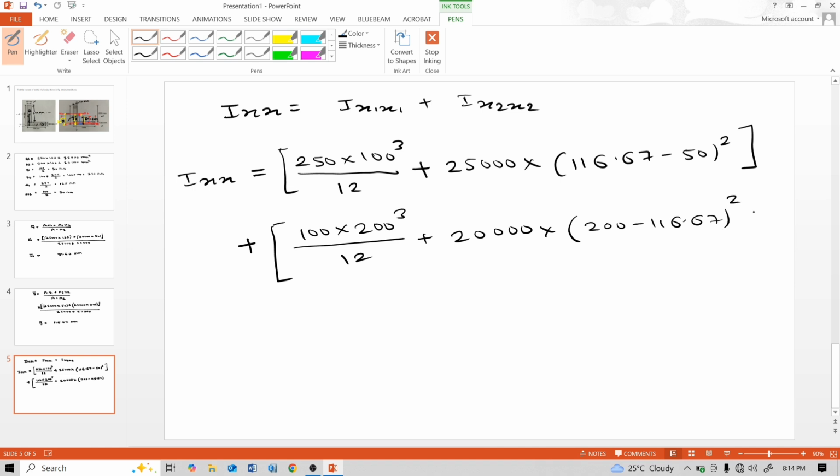And the square of this distance for the parallel axis theorem. So 250 into 100 cubed divided by 12 plus 25,000 into (116.67 minus 50) squared, and this whole term. The calculation of this Ix is 337.50 into 10 raised to 6.